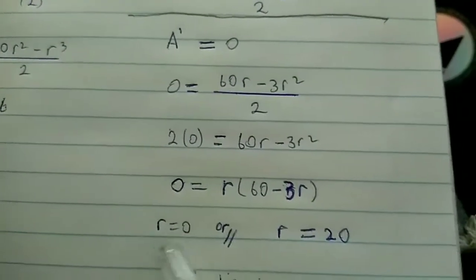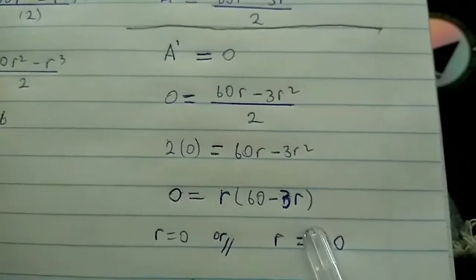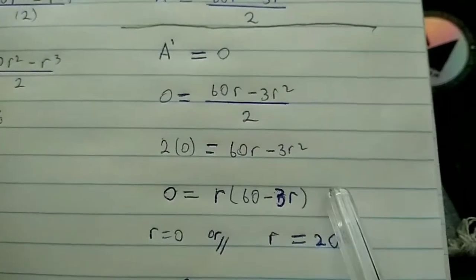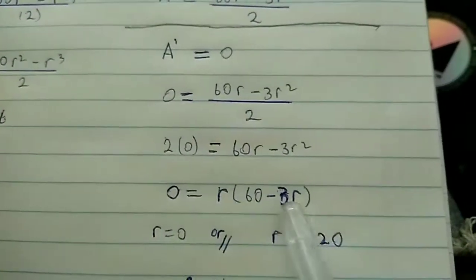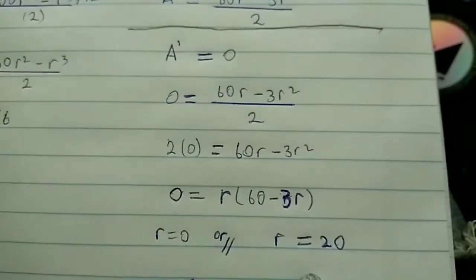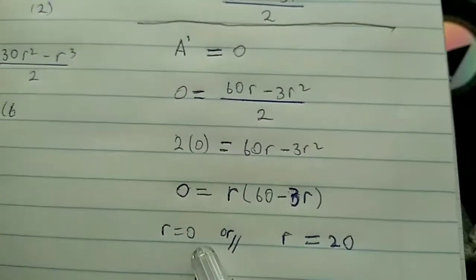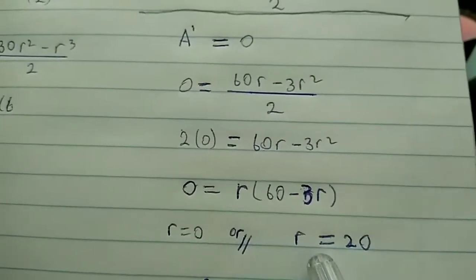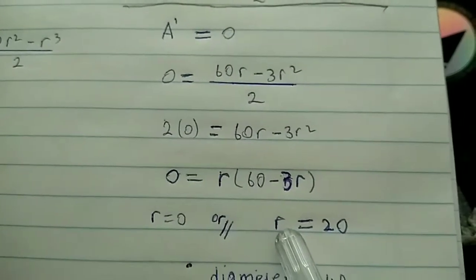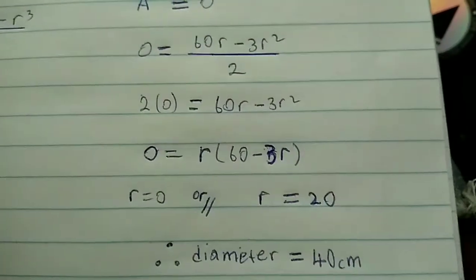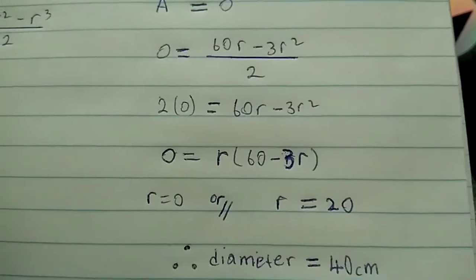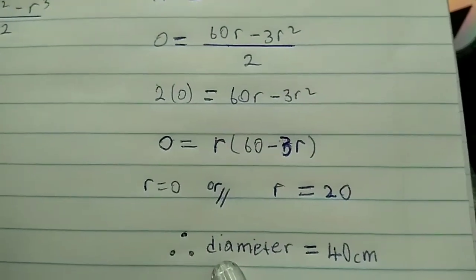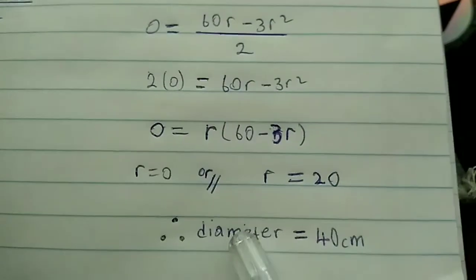So r is either 0 or r is 20, because when we have 60 minus 3r equal to 0, the 3r is transposed, so 60 is equal to 3r, and then we divide by 3 to get r, which is 20. So obviously, the r for our maximum is not 0, but 20. This makes the diameter 40, which is 2 times r, the radius, and that means our pizza has a diameter of 40, which is quite a big pizza, by the way. Thank you.